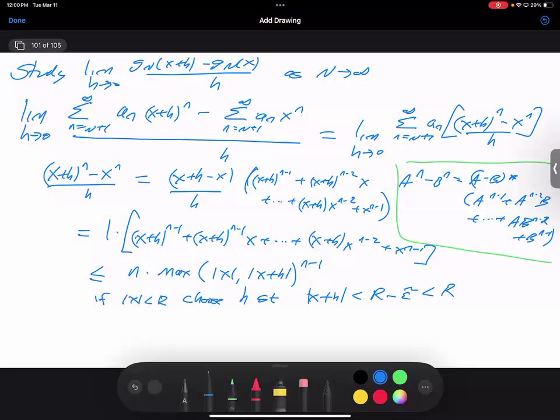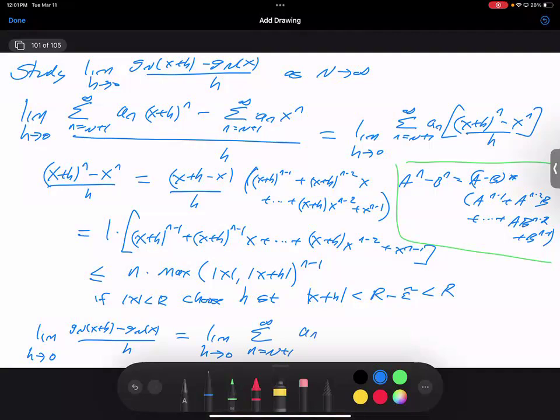So because we're within the radius of convergence, as long as I don't move too far away from x, I'm still in the radius of convergence. And so we now get the limit as h goes to 0 of g_n of x plus h minus g_n of x over h is going to be the limit as h goes to 0 of the sum from n plus 1 to infinity.